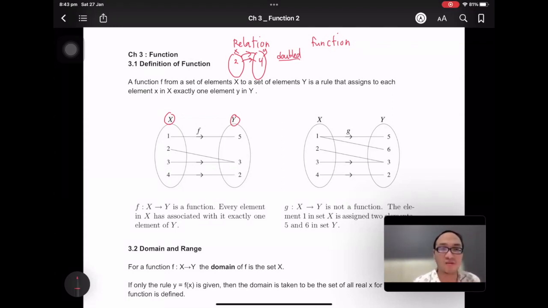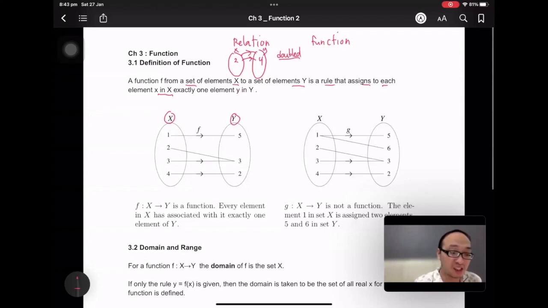Now, what is the difference between the relation and the function? A function from a set of element x to element y is a rule that assigns to each element in x exactly one element in y.